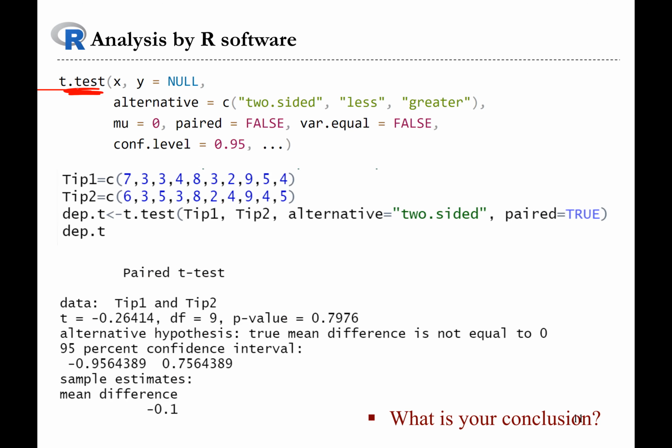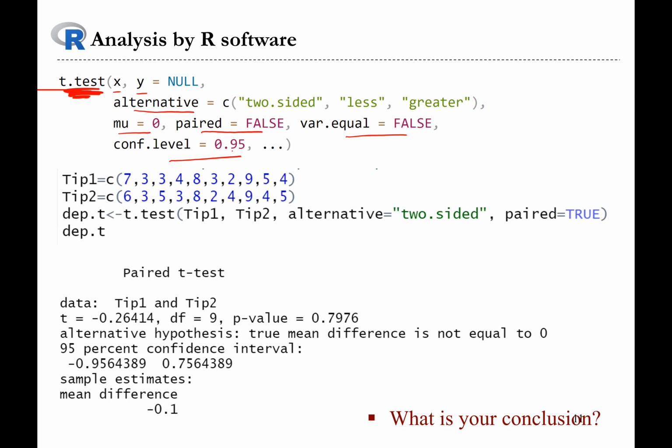For the two independent samples, you can use it for equal variances or unequal variances. Now I give you the syntax of the function: you give x, you give y, you give the alternative, the mu, whether paired is false or not, whether equal variance is false or not, the confidence interval, and there are many other options.